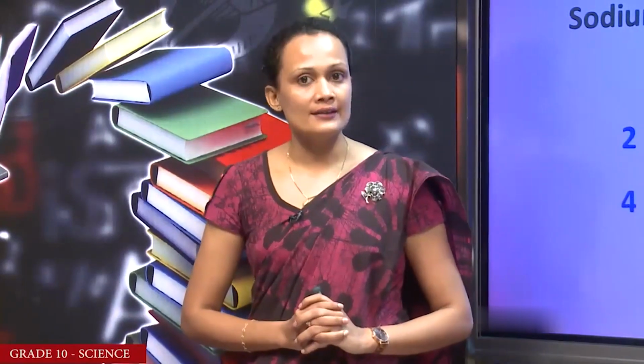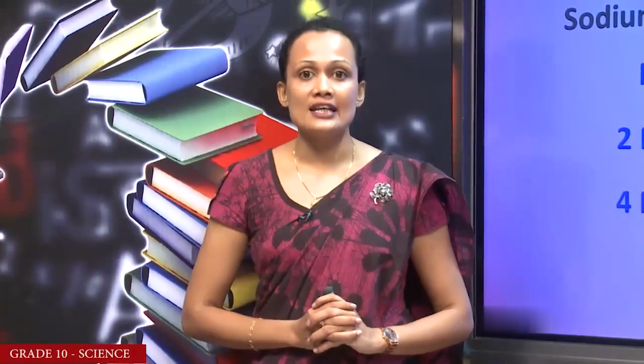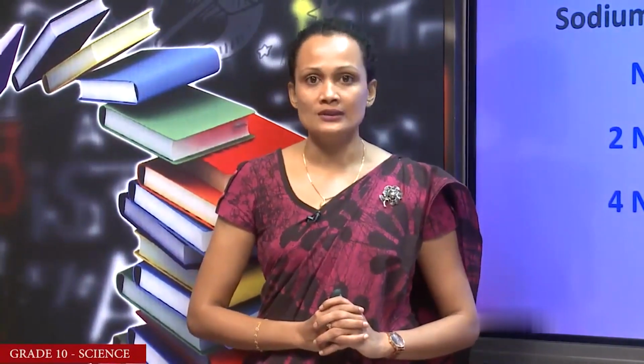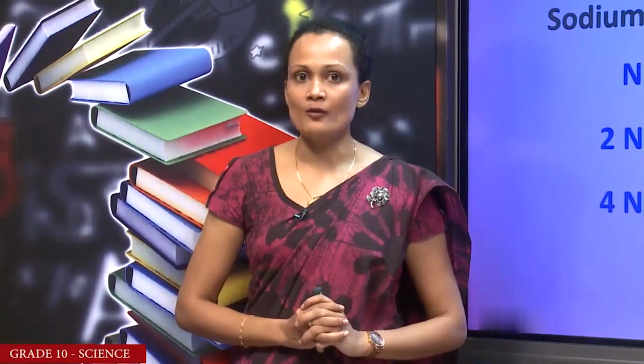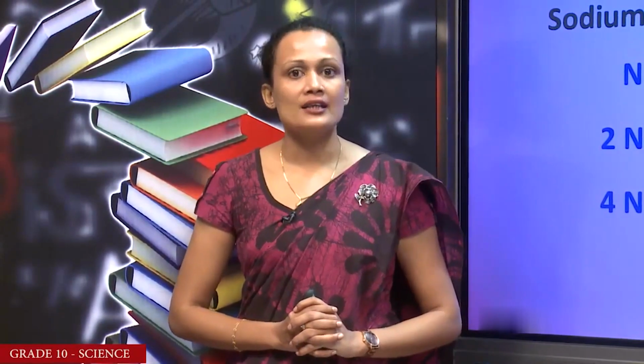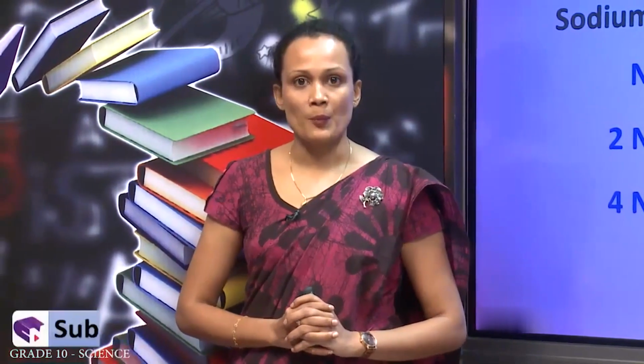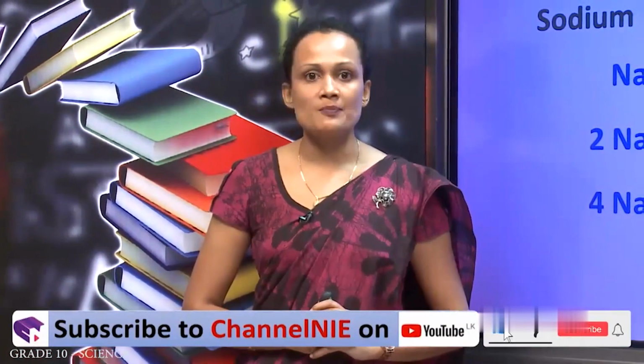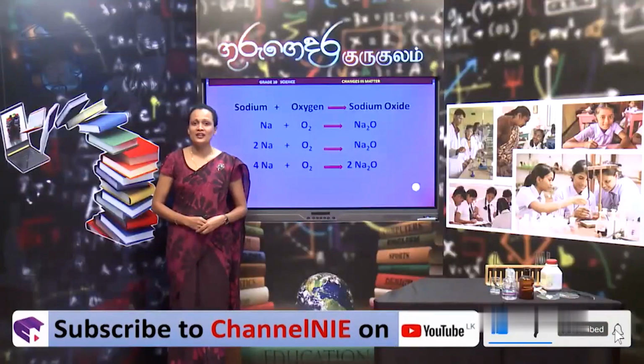Finally, we discussed the evidences to identify a chemical change, because mainly we are discussing chemical changes. Then we discussed the way of writing chemical equations and balancing the chemical equation by using the inspection method.